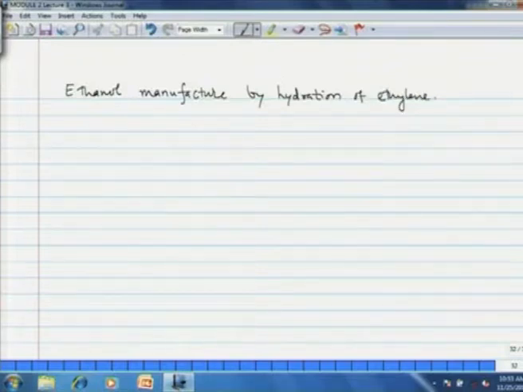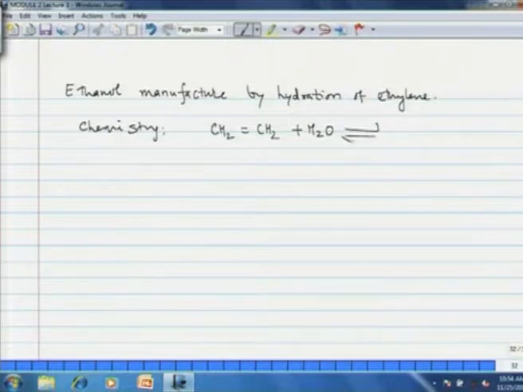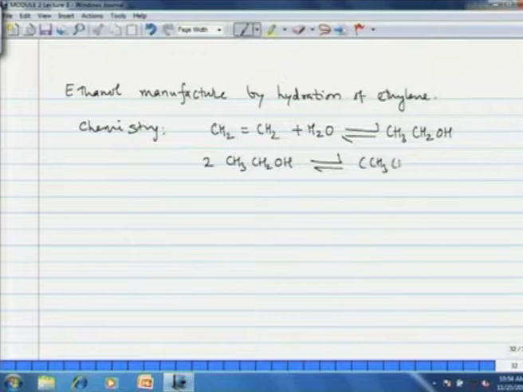The basic process is ethylene reacts with water reversibly to give ethanol, and 2 moles of ethanol again combine reversibly to give diethyl ether and water.